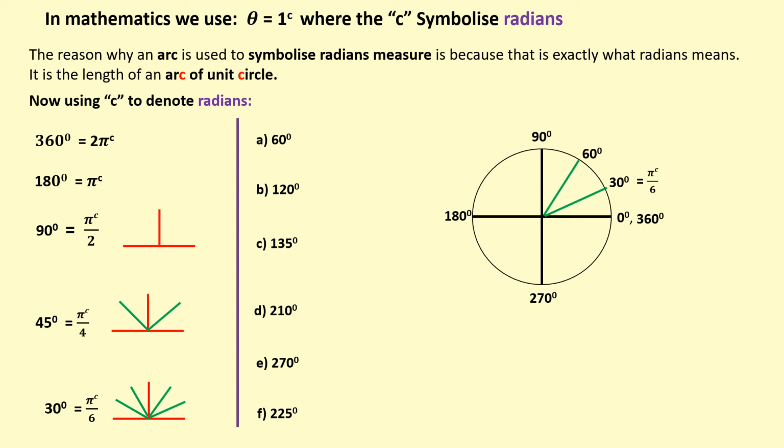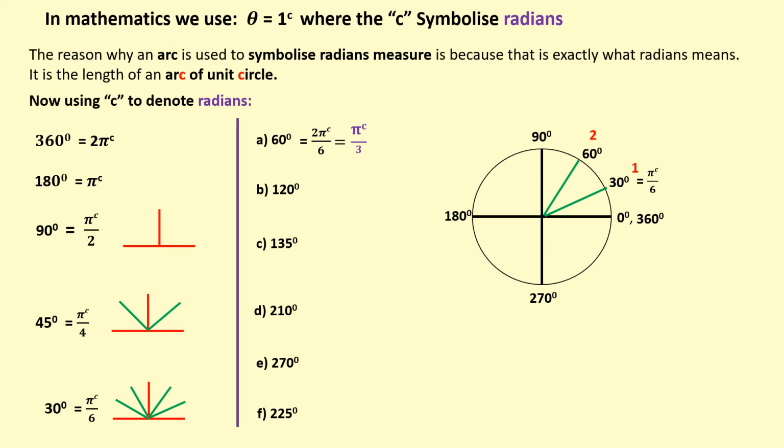And we can see that 60 degrees will go there twice. So it's gone once, twice. And I'm allowed to state that 60 degrees is equivalent to 2 pi radians over 6. Now, here I do encourage you to cancel down, and that will give us pi radians over 3.